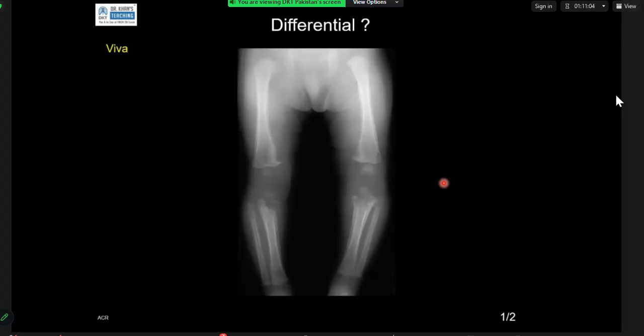However, there's no joint swelling. So my differential would be Blount disease, and second, there is no Wimberger ring sign and no other findings, so it is not scurvy.